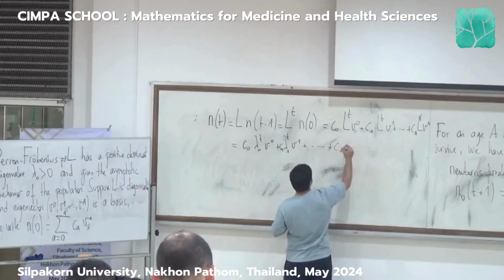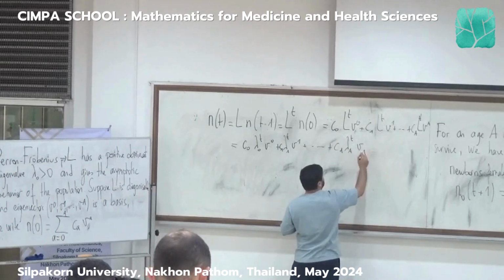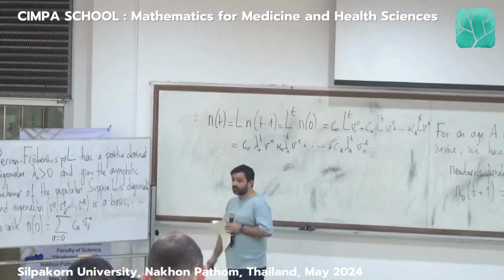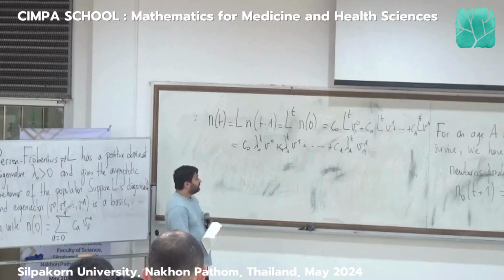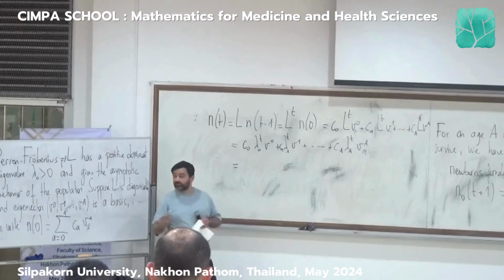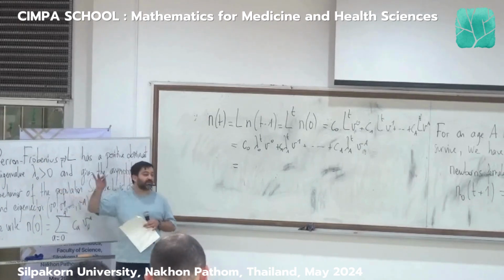So this is good because now I don't have any more matrix, just multiplication by coefficient and vector, but still too complicated. But thanks to this theorem, I know that lambda 0 is positive and greater than all the others.